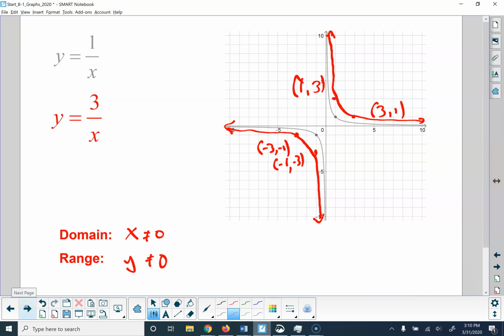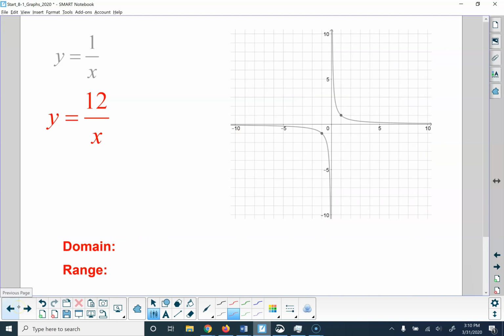What about y equals 12 over x? Well, so what happens? What multiplies? It's easy to think of this as the equation x times y equals 12. What multiplies to 12? Well, 1 and 12 multiplies to 12.